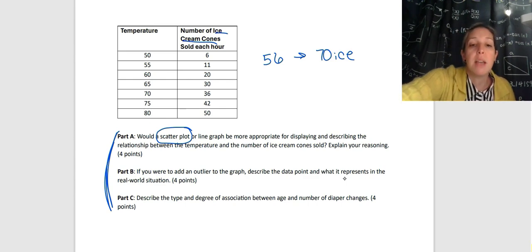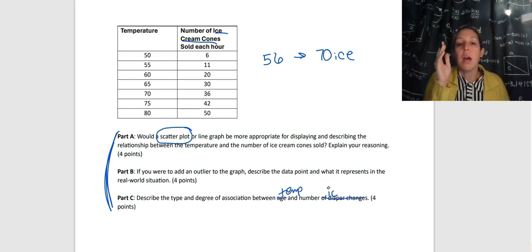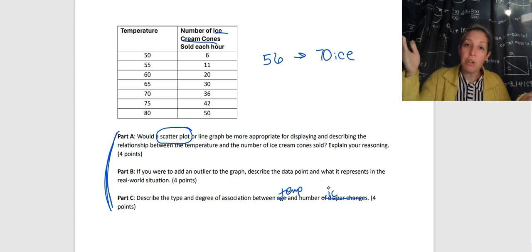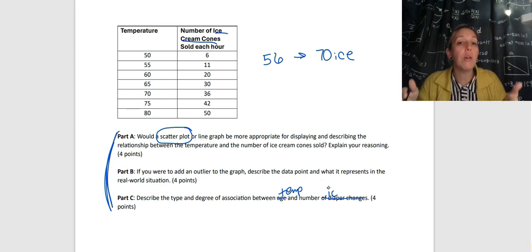And then describe the type and degree of association between the age. This one is not going to be diaper changes. This would be ice cream cones and temperature. So obviously, as the temperature goes up, ice cream cones sold also goes up.